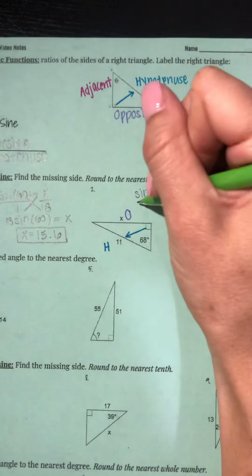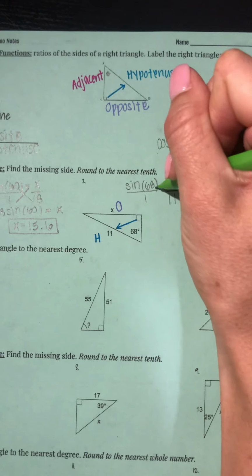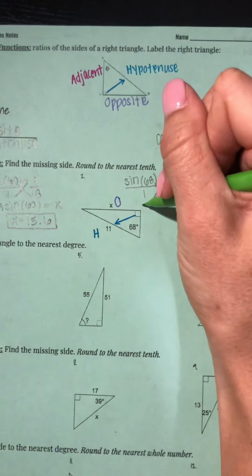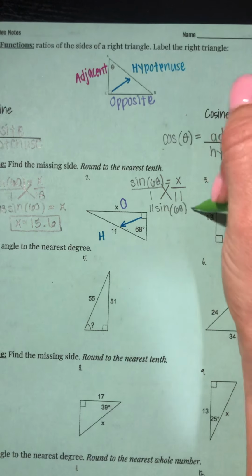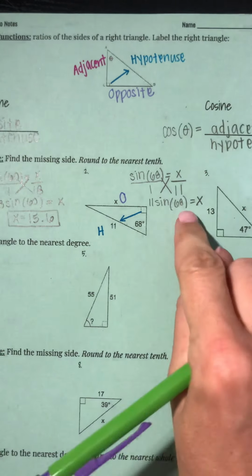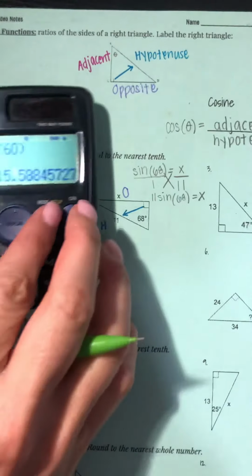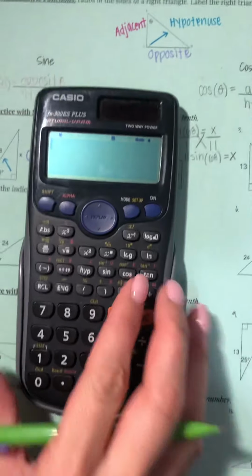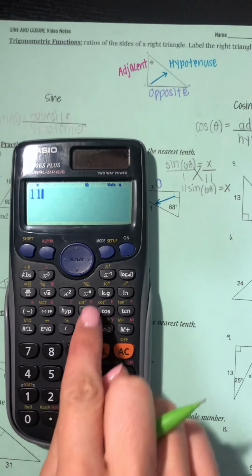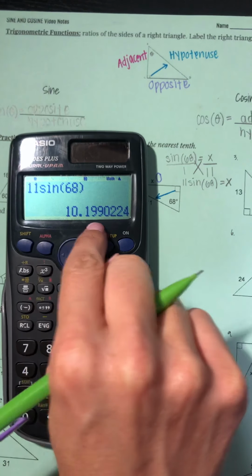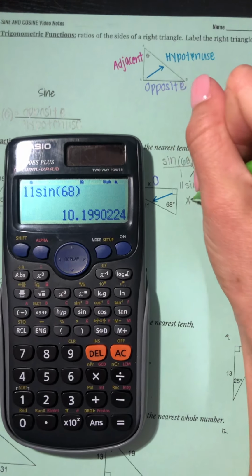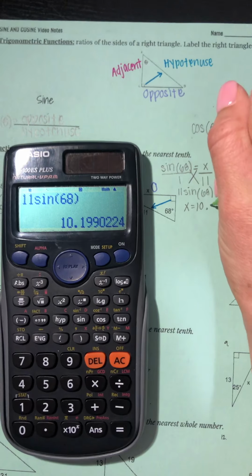So now that you have it set up, cross multiply. And since the variable is by itself, then you can type it in. And so x would equal about 10.2.